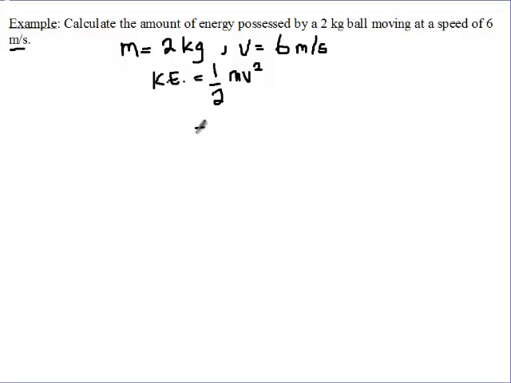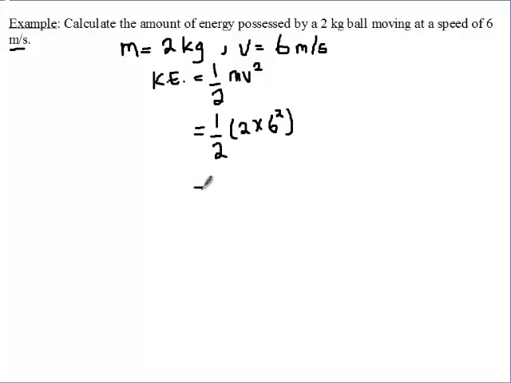So KE is equal to 1 over 2 or half times the mass, which is 2, times the velocity, which is 6. But don't forget the velocity has a square attached to it, so 6 squared.